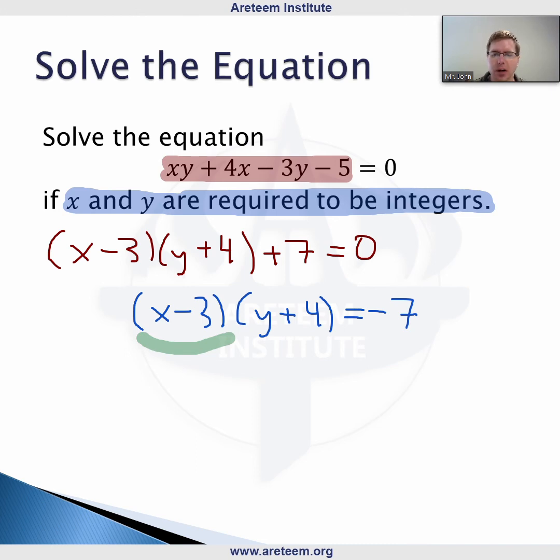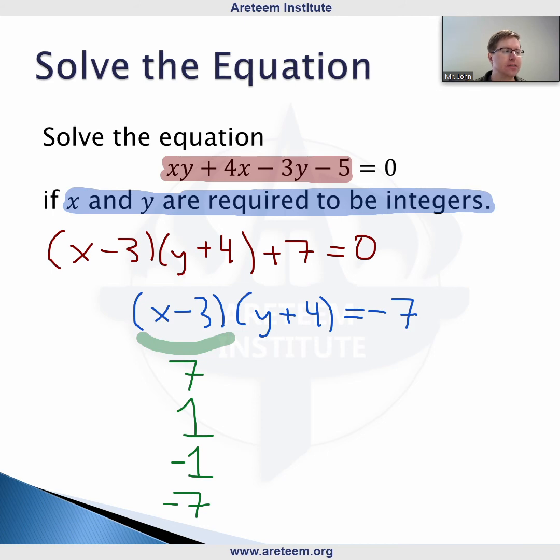So in one scenario, x minus 3 is 7, x minus 3 could be 1, x minus 3 could be negative 1, or x minus 3 could be negative 7. So we have 4 possibilities for x in this scenario. We have our 4 values for x, and then we can go from there.